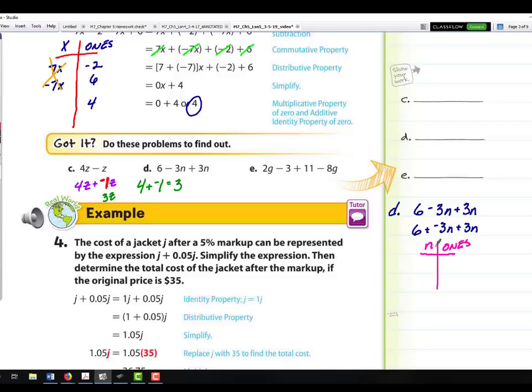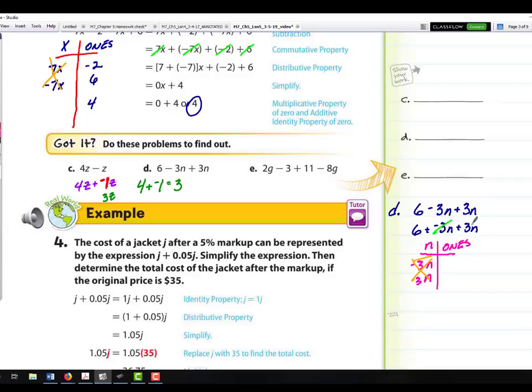When I put the n's in this problem, I have negative 3n and I have 3n. And negative 3n and positive 3n will cancel each other out, which means I have no n's left. I can cross them out as I use them.